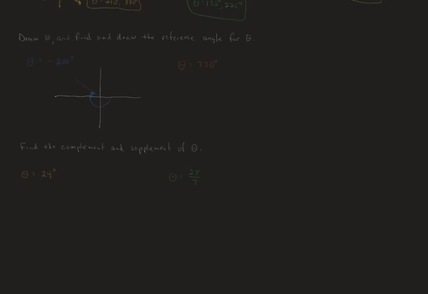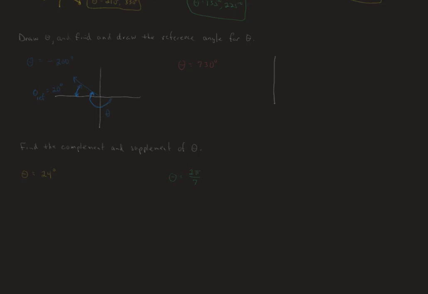This is our terminal side, and this is our angle theta that we're showing here, going in this direction. The reference angle is this angle, so I'm going to say theta reference. It's always the acute positive angle to the nearest x-axis. So that's going to be a 20-degree angle.